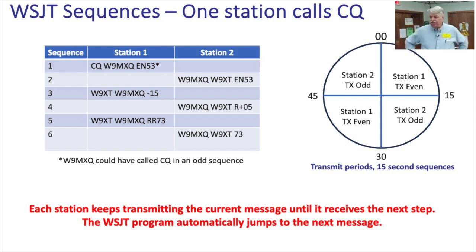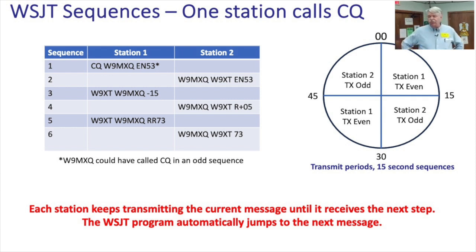Now, let's say Bill's calling CQ, and I call him, and he comes back and gives me a report, and then I send him the R05, but let's say he doesn't hear me. There's some QSB and he fades out, or maybe there's some interference and he isn't copying me. Since he didn't get my R05, which is the next sequence, he will continue to send me my report.